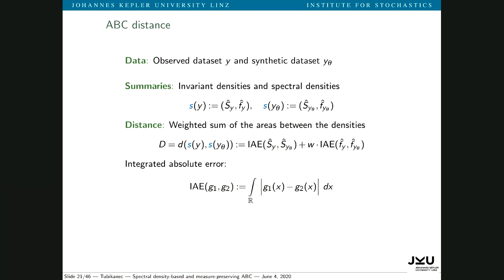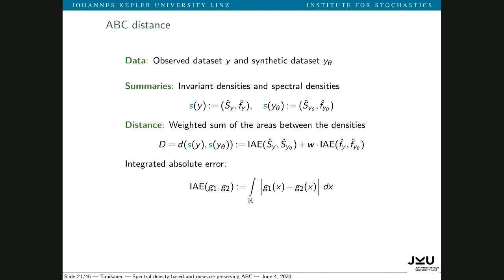Then as an ABC distance, we take the sum of the areas between the spectral densities and the densities, and with area we actually mean the integrated absolute error, which is defined as you can see here, and we approximated it using trapezoidal integration.